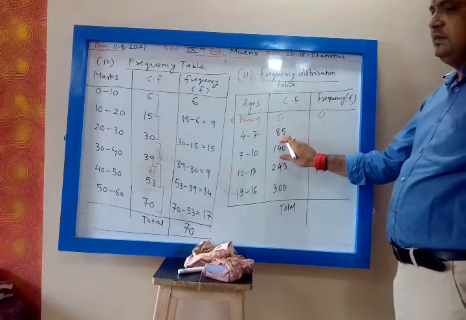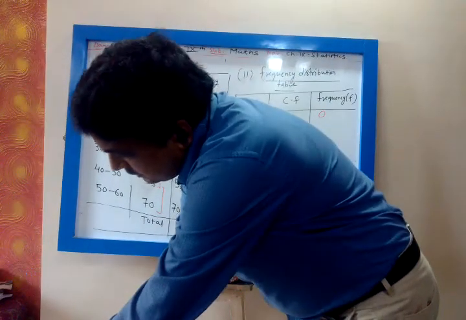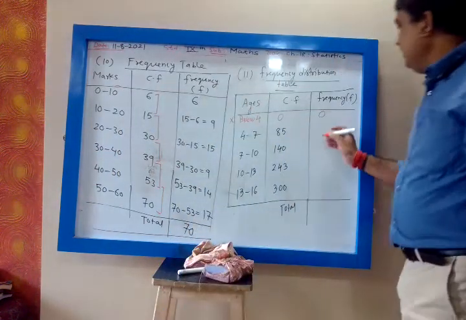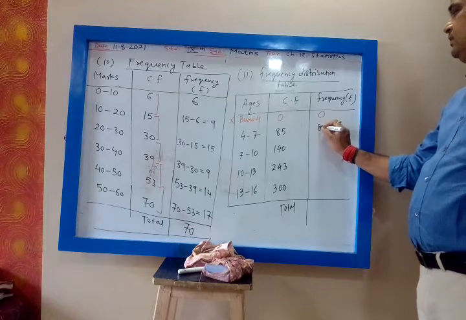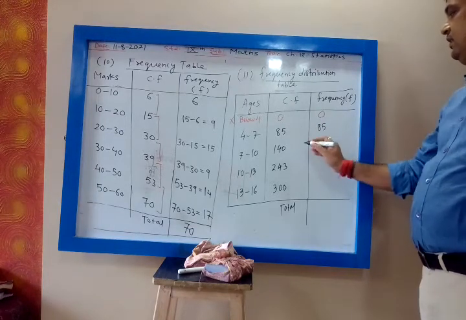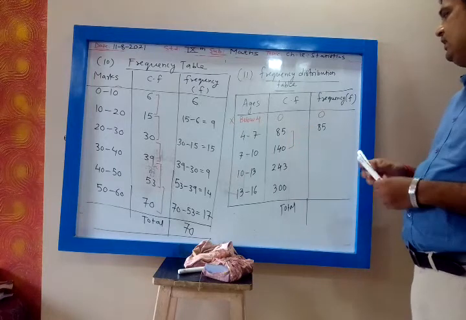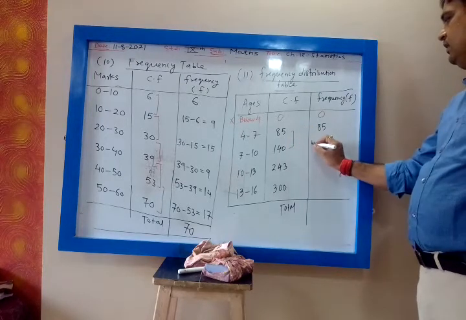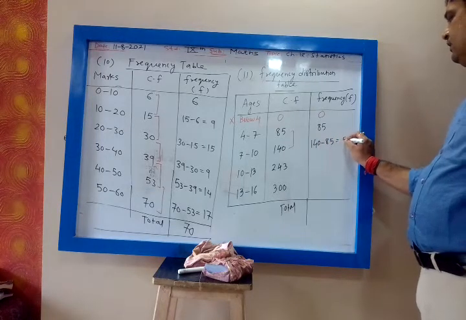So find the frequency F. The first frequency will be 85. 85 will remain 85, because your class interval starts from this 85. Then for the next, take the difference of these two: 140 minus 85 is 55.